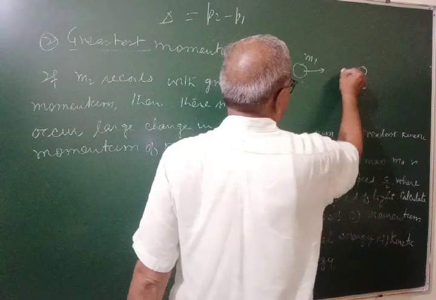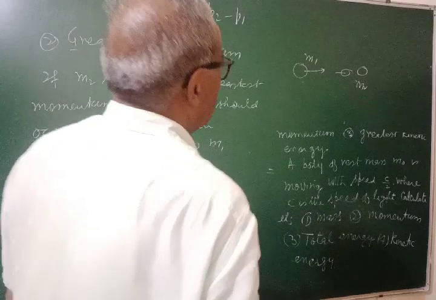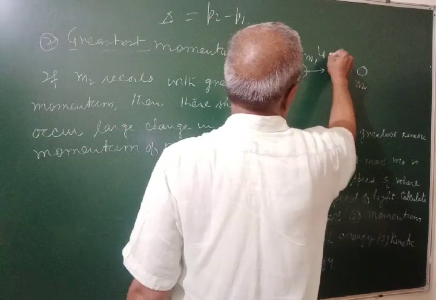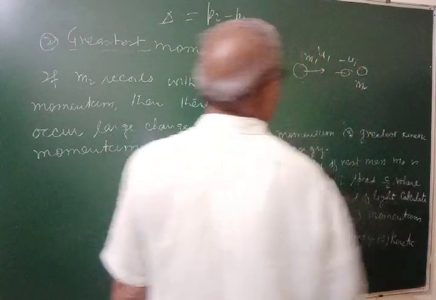If it recoils back, then velocity u1 equals minus v1.